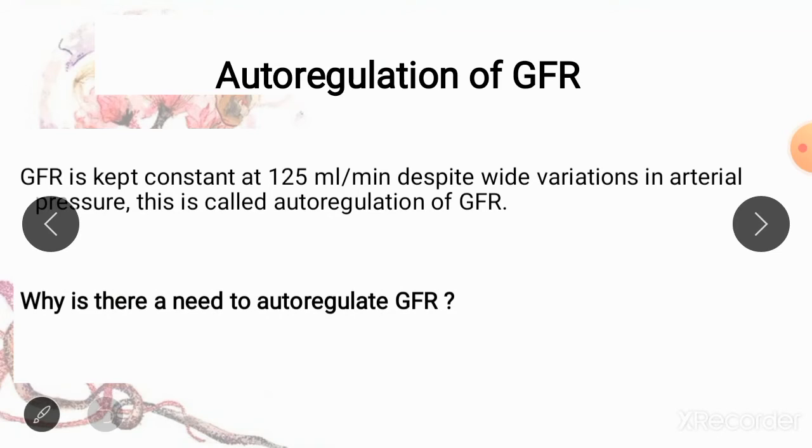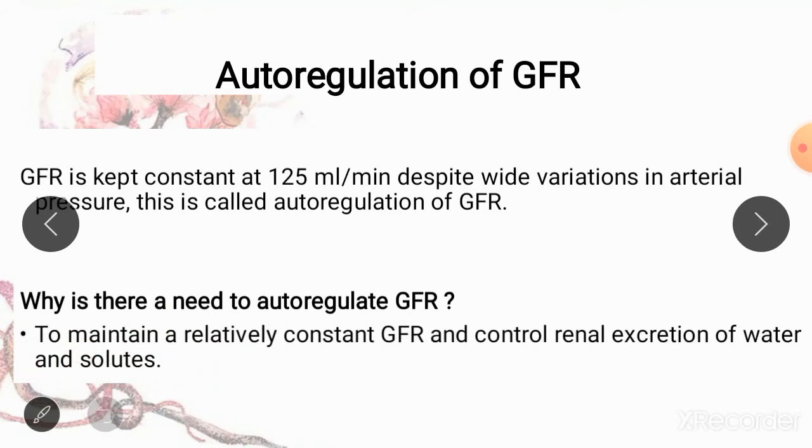So why do we need to autoregulate our GFR? To maintain a relatively constant GFR and to control renal excretion of water and solutes, we cannot allow large quantities of water to be excreted from your body every time your blood pressure increases. This might be very harmful.